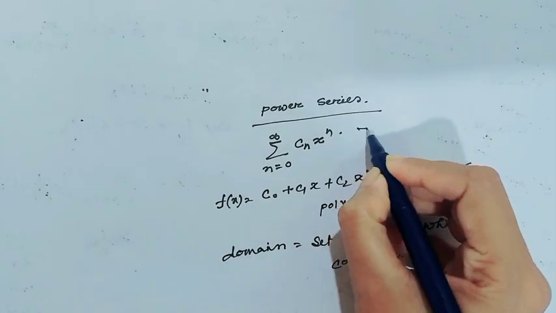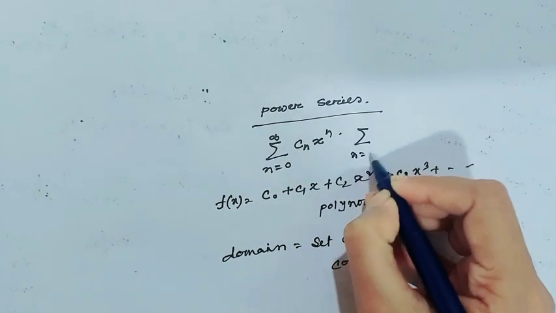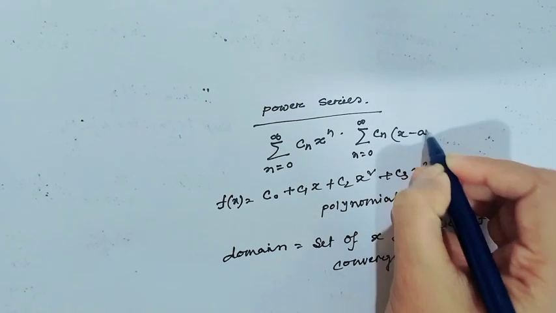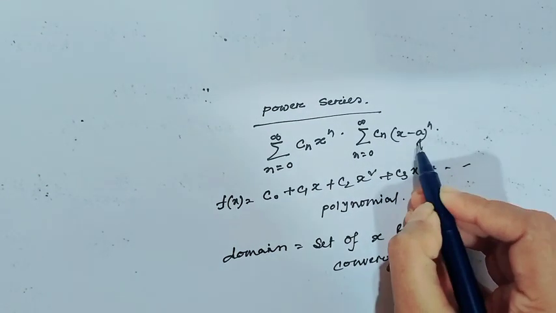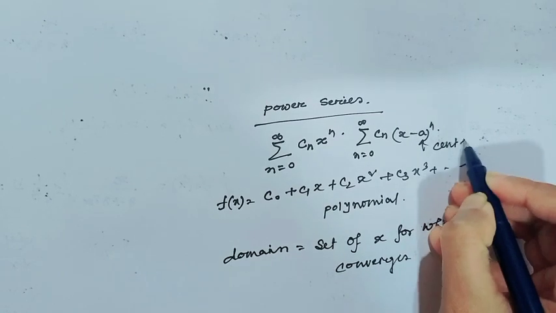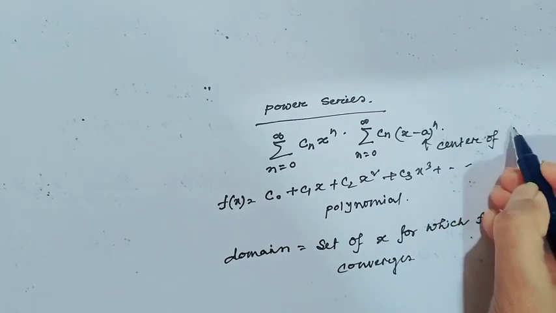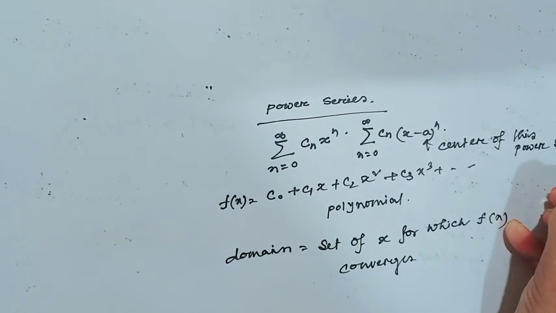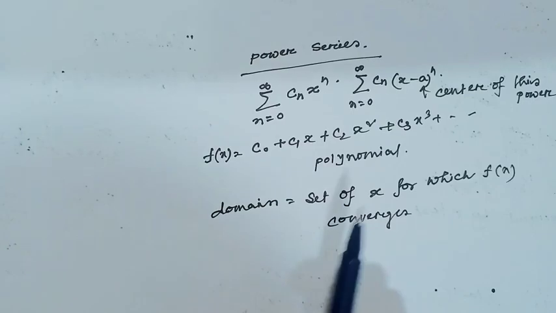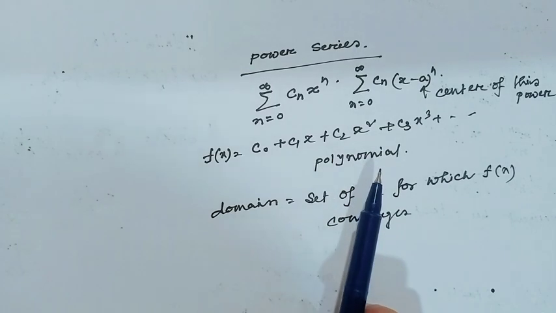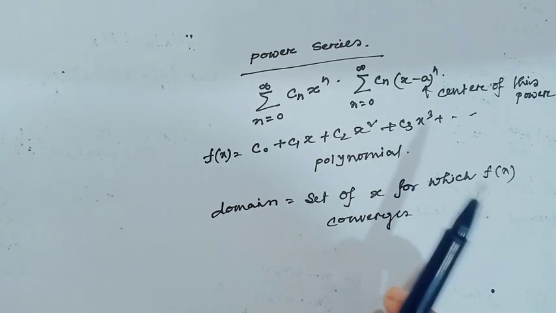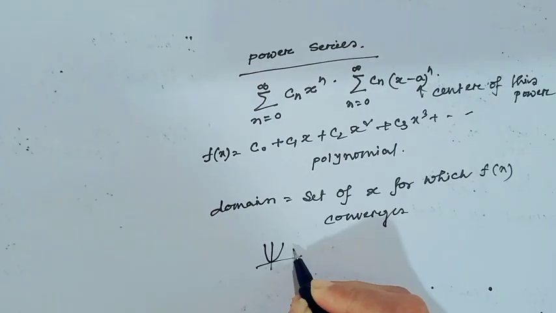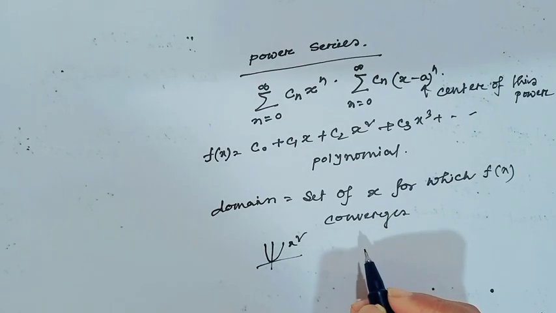Actually, sometimes a power series is written as the sum from n equal to 0 to infinity of Cn times x minus a to the power n, where a is the center of this power series. Power series means the series represents a function which looks like a polynomial, for example y equal to x square.